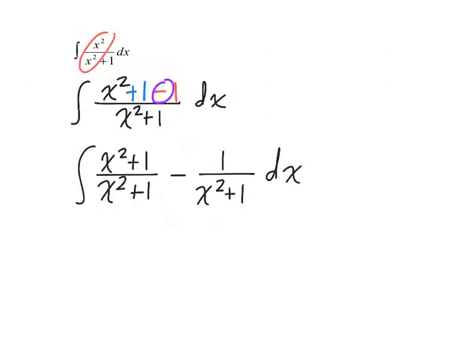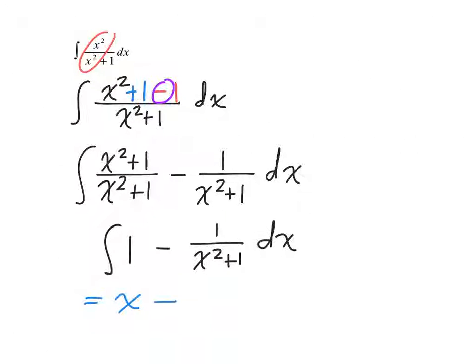Still equivalent. X squared plus 1 over x squared plus 1, that's 1. Now I can integrate this very easily because the antiderivative of 1 is x. And what's the antiderivative of 1 over x squared plus 1? Inverse tangent of x.